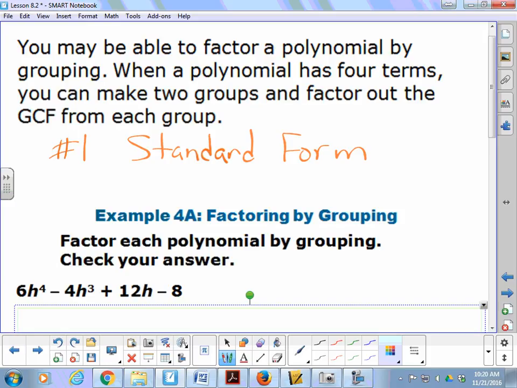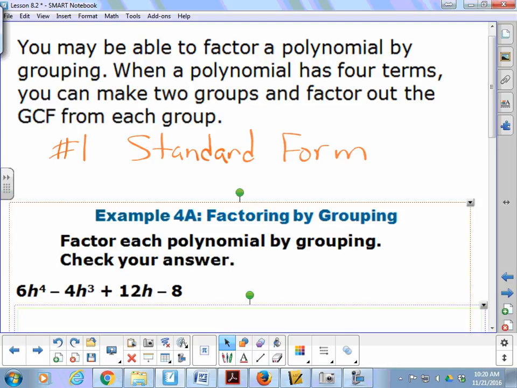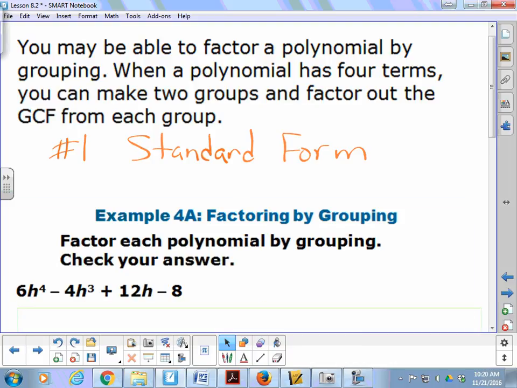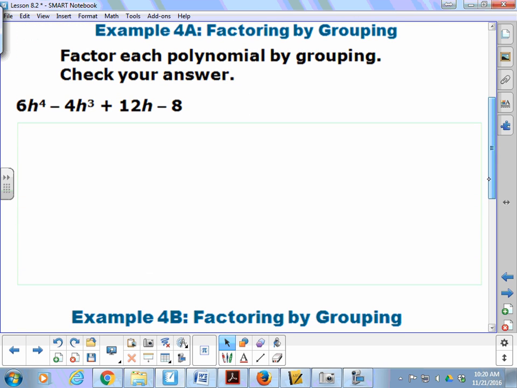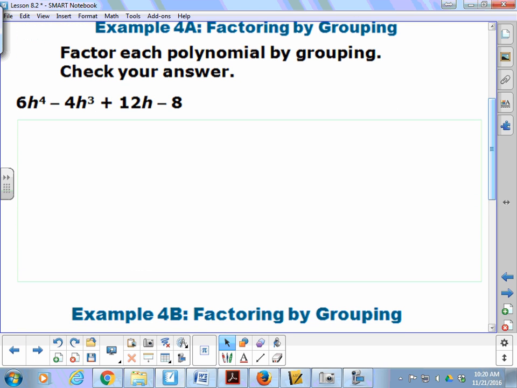I'll bring up something else in a minute, after standard form. First thing, it's always got to be in standard form. Is this one in standard form? Remember that's highest power to lowest power. So here we've got degree 4, degree 3, degree 1, degree 0. Remember, if it's just a constant, the degree is 0.